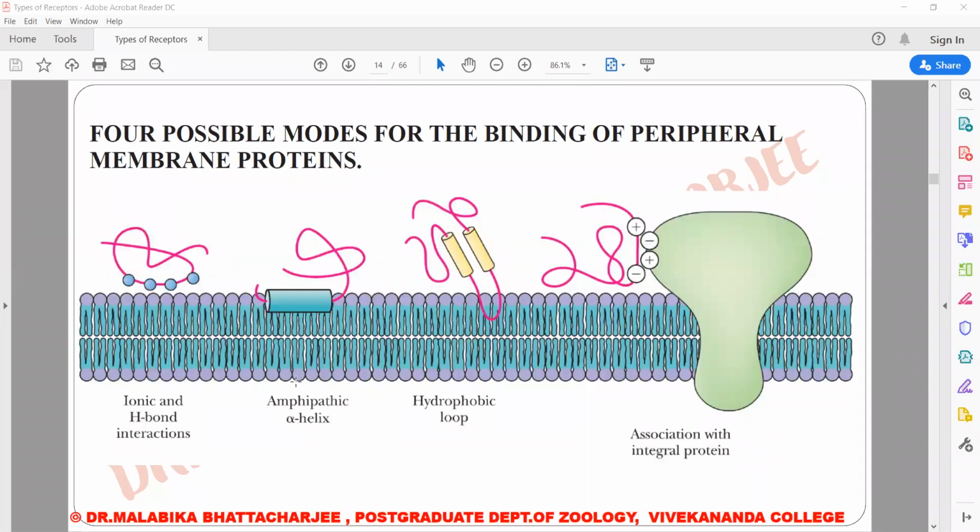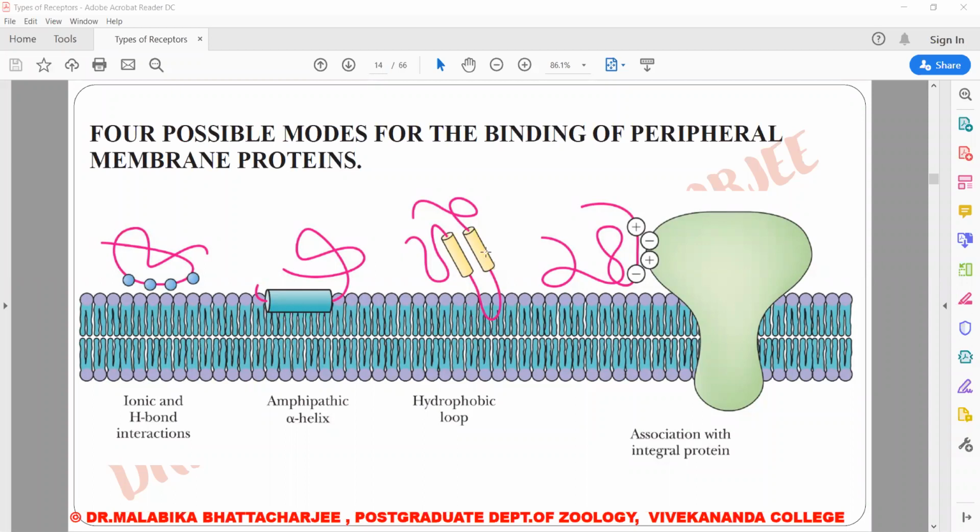Now, what are the bonds that are usually found? As I initially said, all the bonds that are involved are non-covalent bonds. So there might be ionic and hydrogen bond interactions. There might be an amphipathic alpha helix, which is a specialized structural format of a protein.